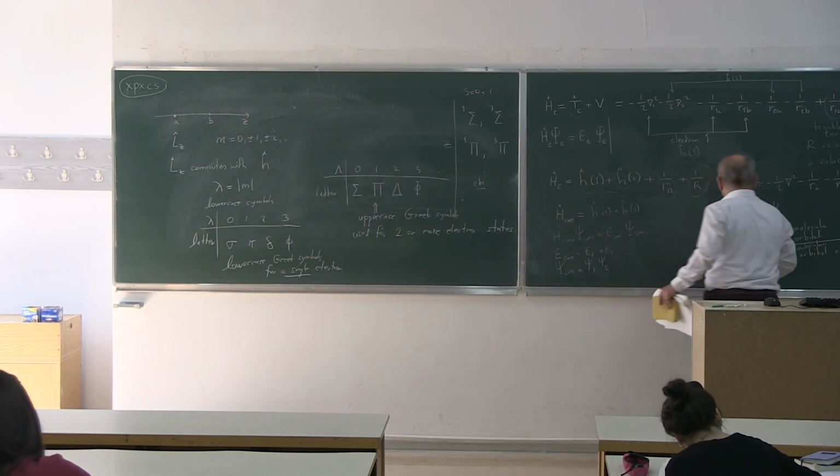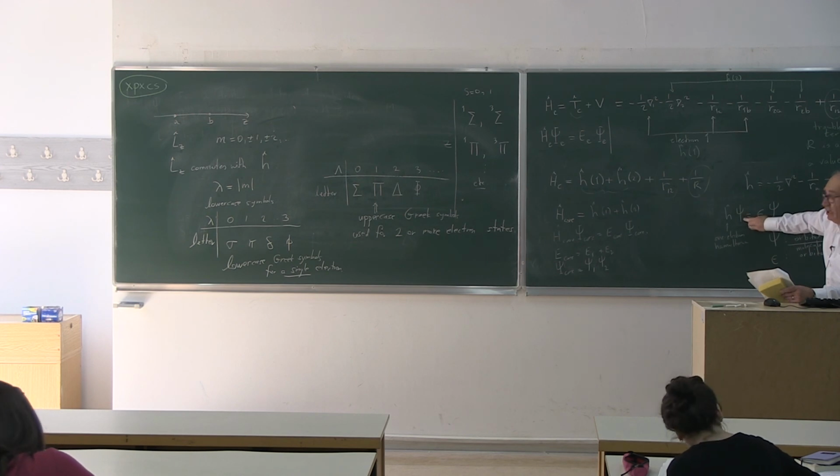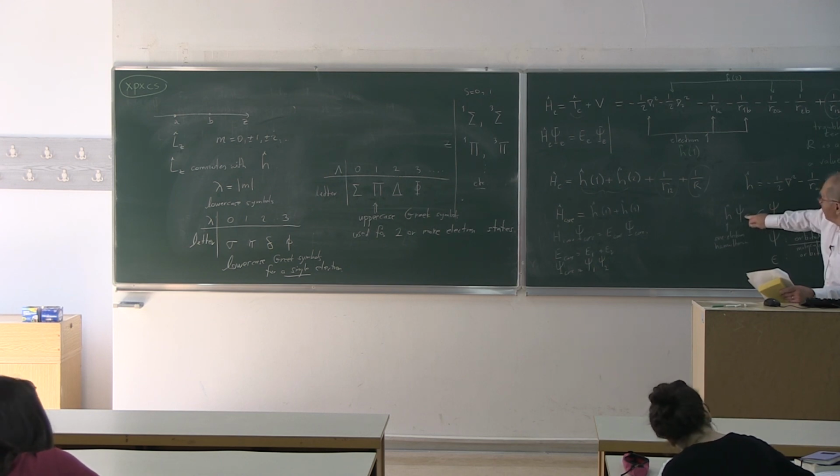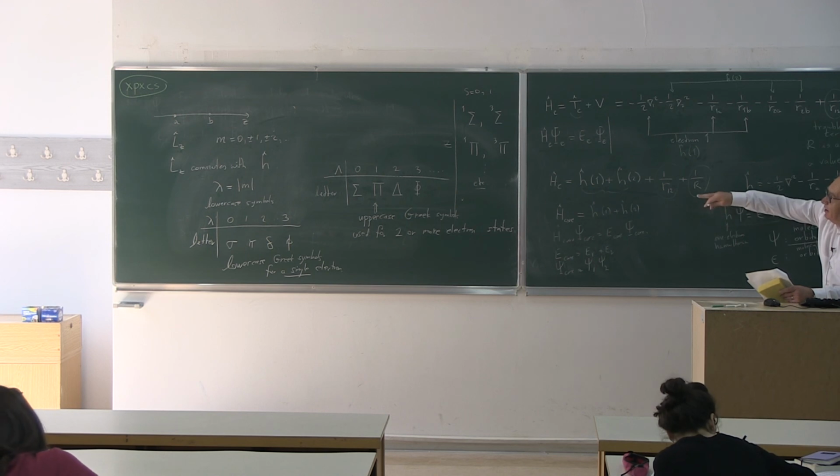So, as in any Schrödinger equation, there are infinitely many solutions of this equation for psi and for the energy. The psi functions can be characterized by the lambda values over there.